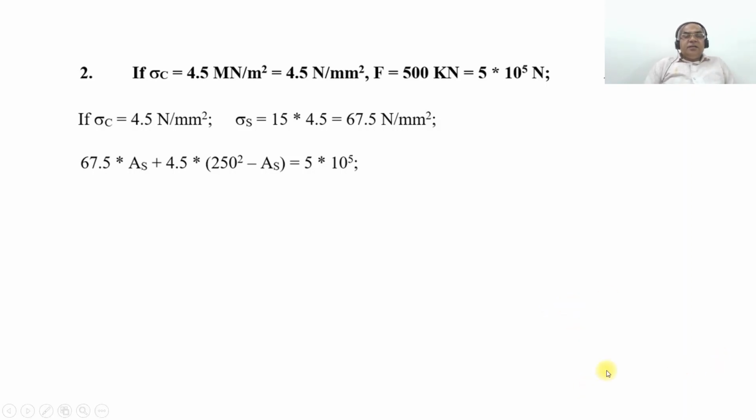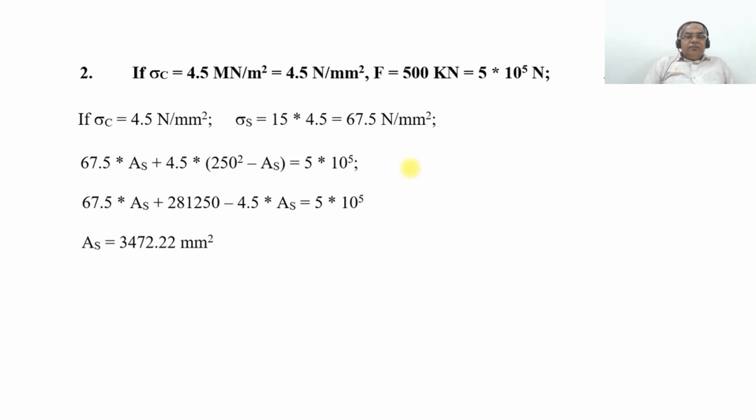This 250 square is the area of the concrete we have, and subtracting the area of steel will give you that value, 5 into 10 to the power of 5. On simplification, you will get 67.5 into AS plus 281,250 minus 4.5 into AS equal to 5 into 10 to the power of 5. Therefore, on simplification, AS will be equal to 3,472.22 mm square. So this is how you will be able to calculate these values.